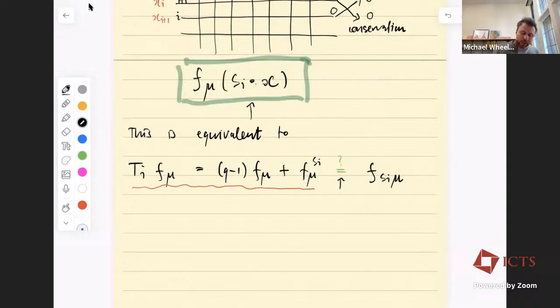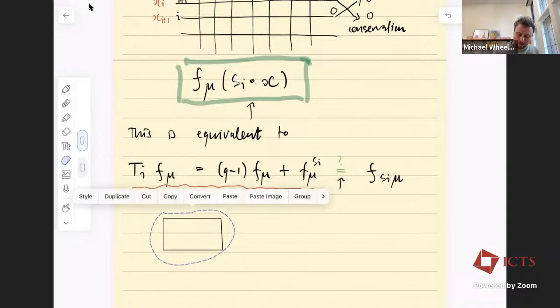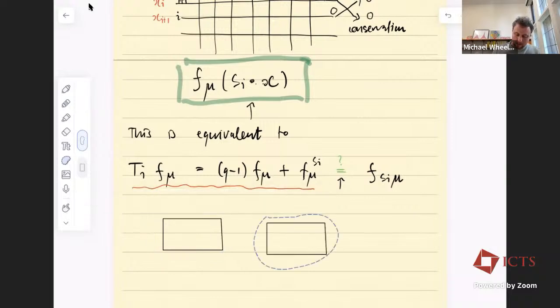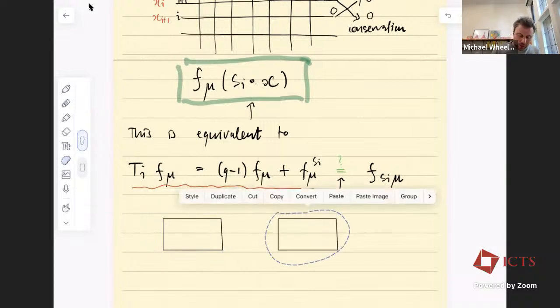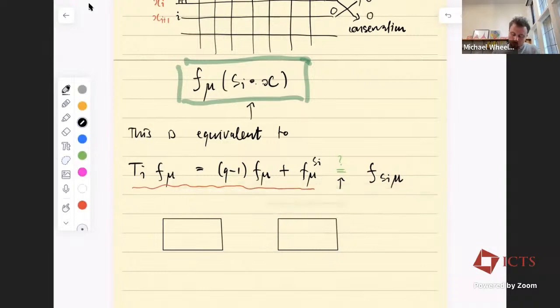So if you look at actually what you're trying to prove here, I'll just draw them as maybe some rectangles. Let's take this equation here and rearrange it.